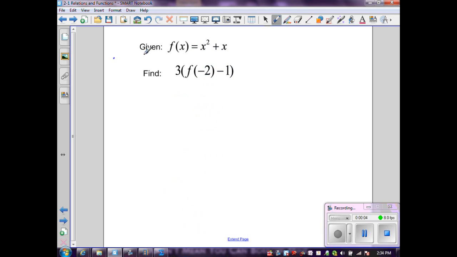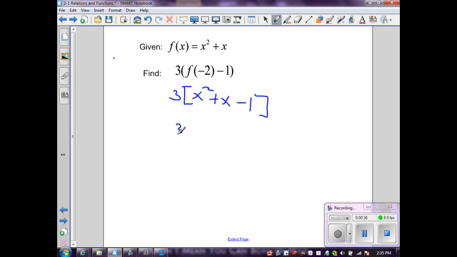Our last example. Given f of x equals x squared plus x, we want to find 3 times f of negative 2 minus 1. Let's bring down our 3. In place of the parenthesis, I'm going to put a bracket. F is going to be x squared plus x minus 1, and then close that bracket. Substituting our value for x is going to be a negative 2.